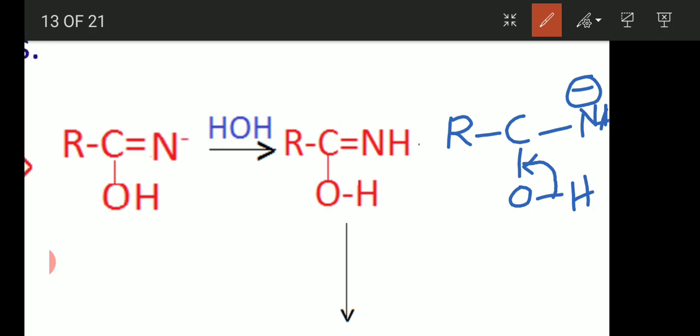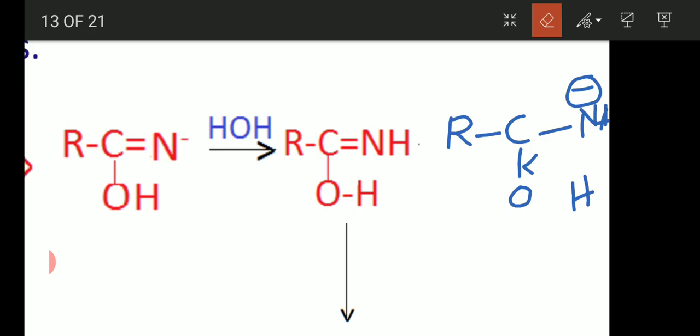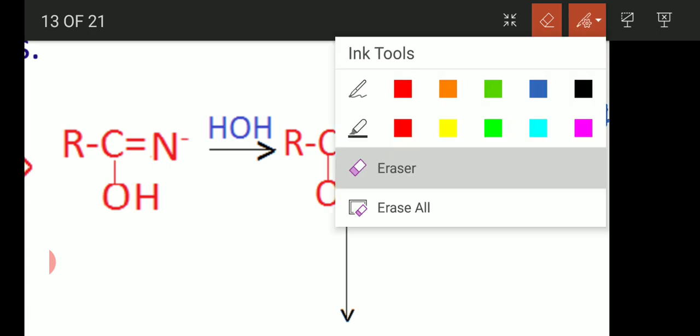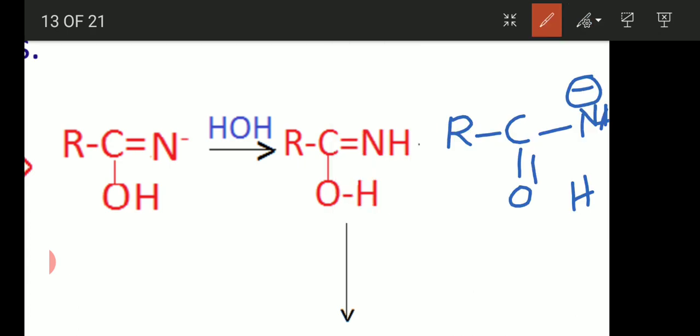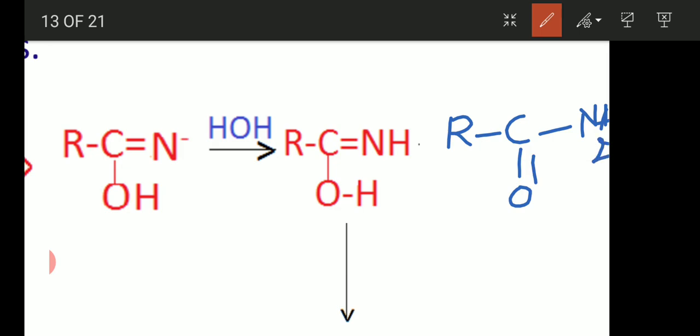Now hydrogen has lost its bond, and this bond is forming a double bond here as it is shifting there. H plus is formed. Now H plus and N minus form a bond, becoming NH2.